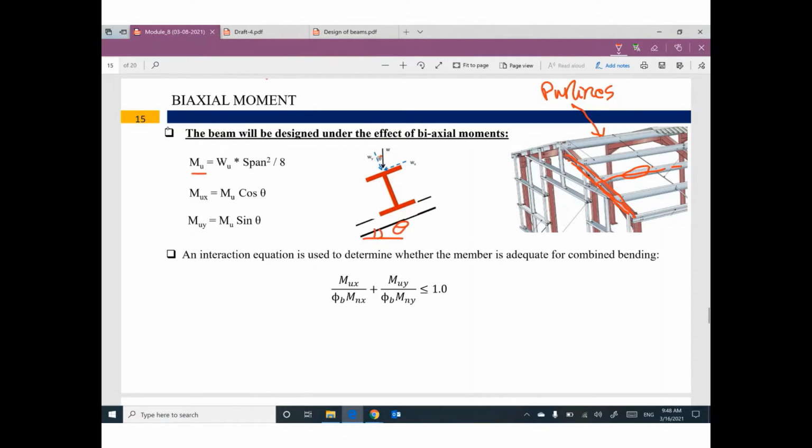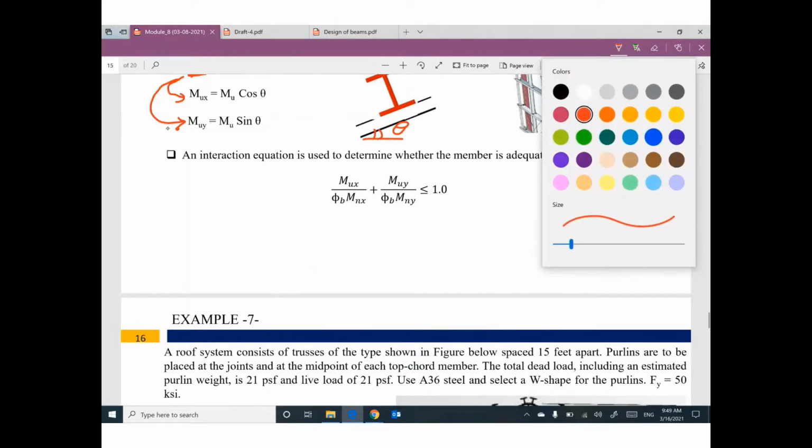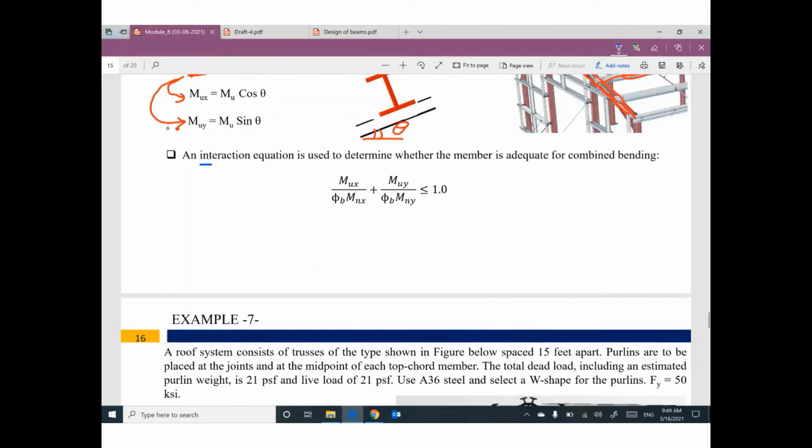So go ahead and find your ultimate moment, WL squared divided by 8. This ultimate moment can be broken into two components: M ultimate about x equals M ultimate cosine, M ultimate about y equals M ultimate sine. Because we have two moments, one about x, one about y, we will use the interaction equation to figure out if this beam is safe or unsafe.